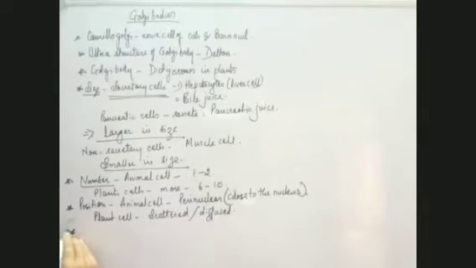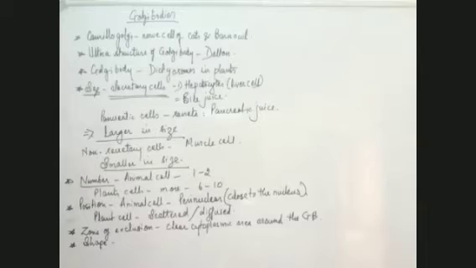Then I told you one more point, the zone of exclusion, which is the clear cytoplasm around the Golgi complex, and then one more point according to the function.